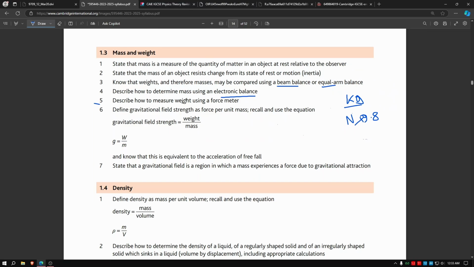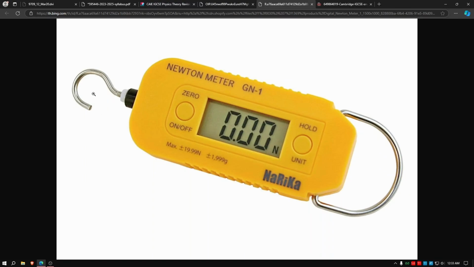Finally, tangent aside, how to use a force meter. What is a force meter? This is a force meter. You have a hook and you have this belt hanger thing. You take this hook and, let's just say, hang it on a nail or something. Then you take this belt and tie a rope around it, and then take that rope and tie it around a weight. After you do all this setup, let the weight just hang on this meter.